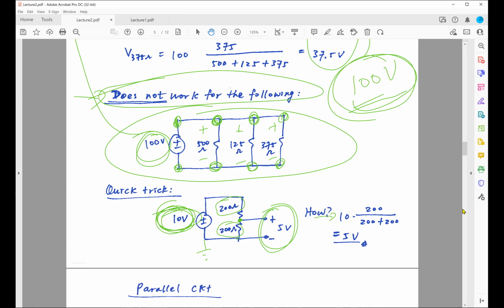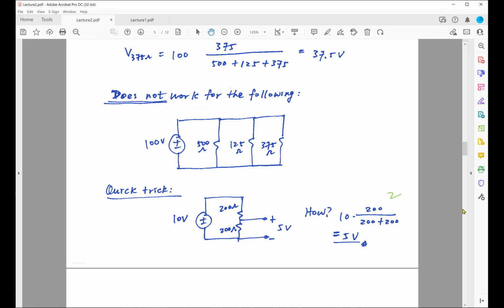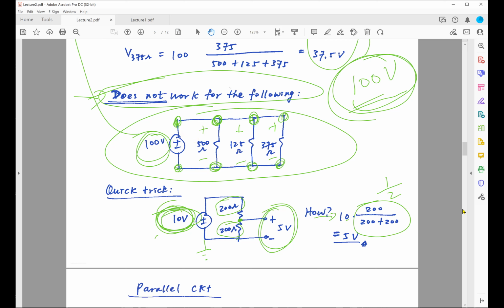If you apply voltage division, you're going to see 10 times 200 divided by 200 plus 200, and this will always give you a factor of 1/2. So if you're dealing with resistors of the same value, you will always get a factor of 1/2. Take that times 10, you will get half of what you put in, if and only if you tap it at the midpoint.